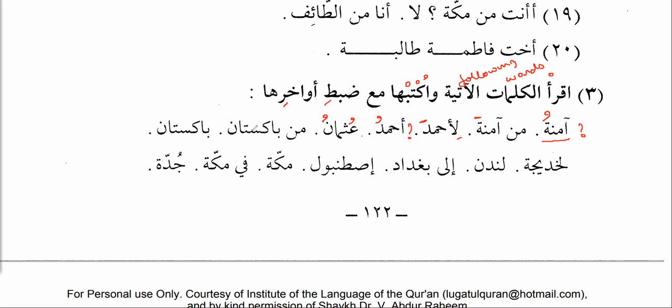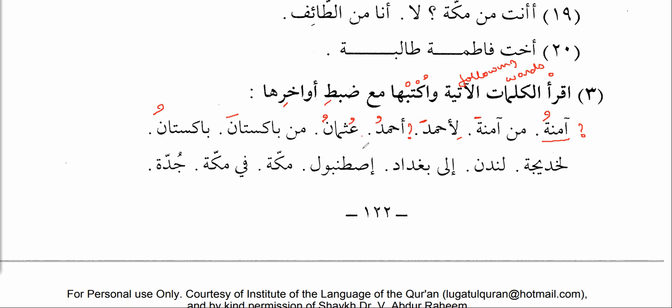Min Bagistana, Bagistanu. So basically this exercise tells you the difference when a noun comes isolated, without any particles or harf jar before it, and the change when it comes with the harf jar.